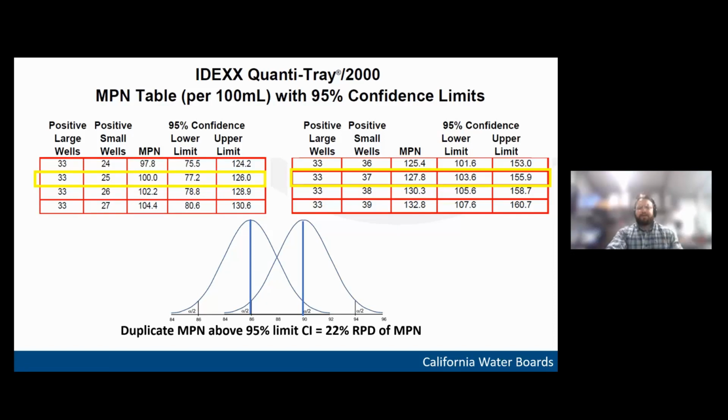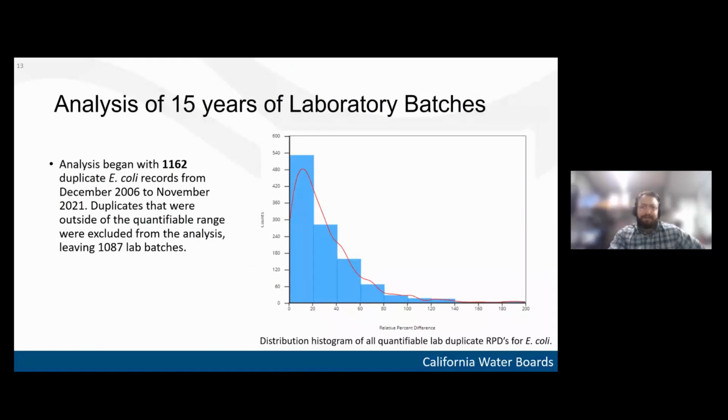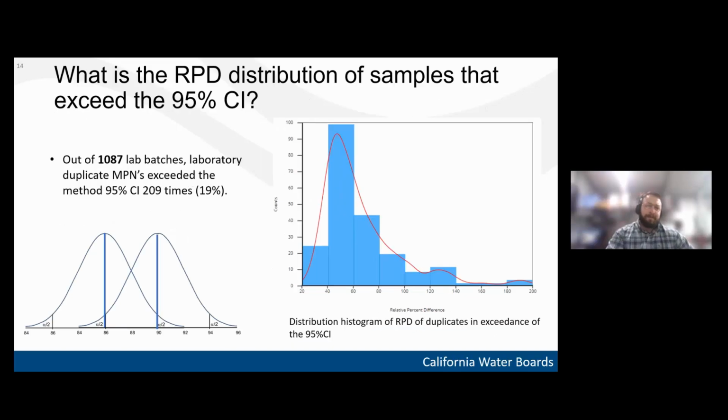So in order to look at this in context, we looked at about 15 years of laboratory batches, and that's a little over 1,000 lab duplicates from a variety of our labs at the state water boards. And we see when the MPN index value exceeds the confidence interval, we look at what the RPD distribution of that is.